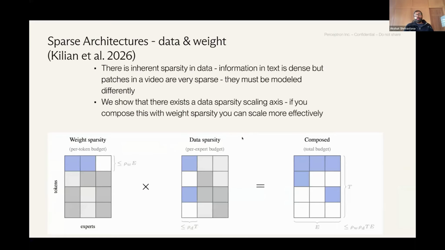So this comes into our most recent work, which we published earlier this year, on sparse architectures. It's essentially the alternate framing to what I was saying earlier: there are two forms of sparsity that you need in mixture of expert style models, which is a core architectural innovation that we've been focused on. One is weight sparsity.